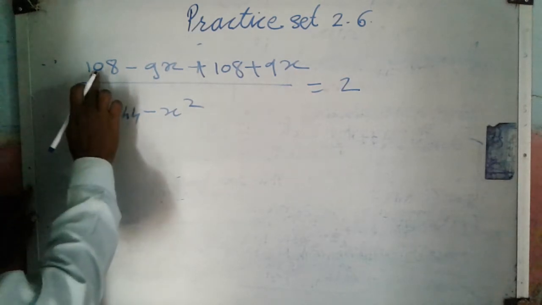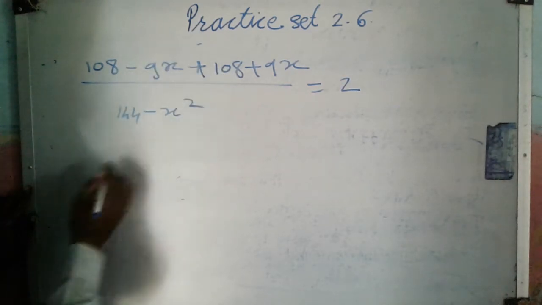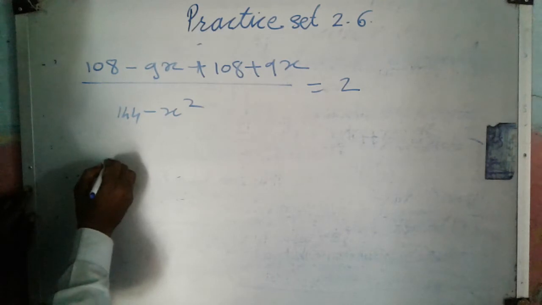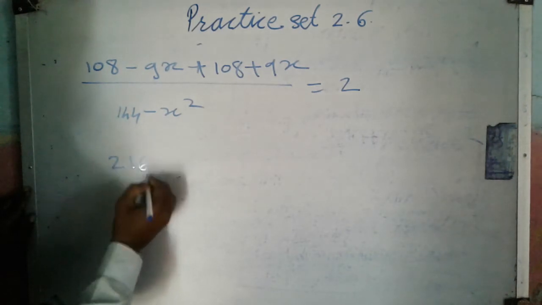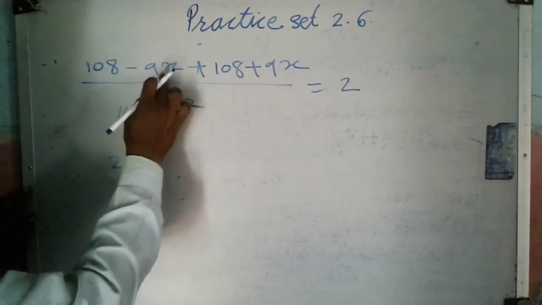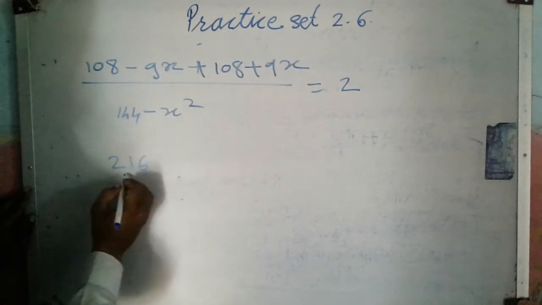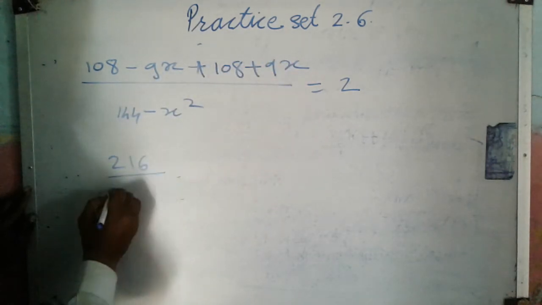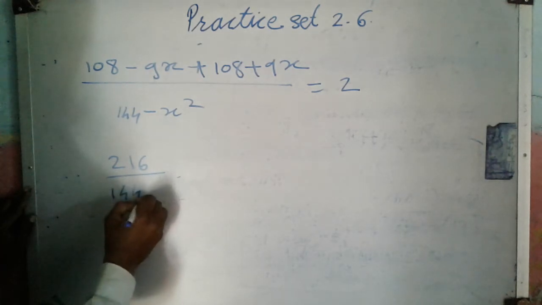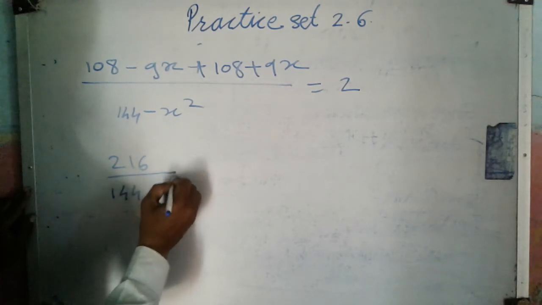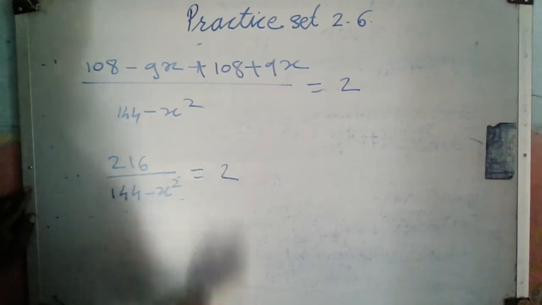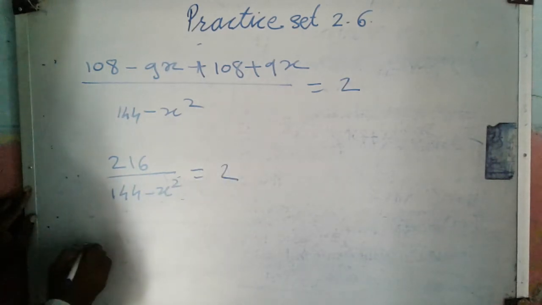So here 108 plus 108 we get 216, minus 9x plus 9x is 0, upon 144 minus x square is equal to 2.